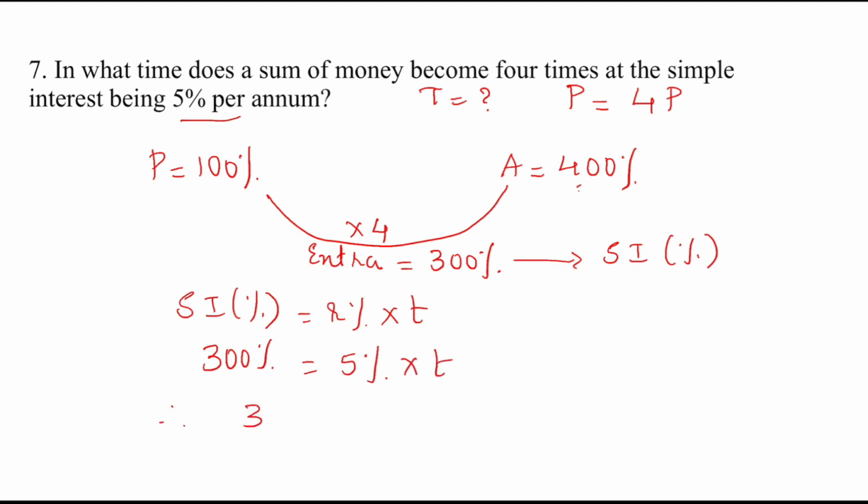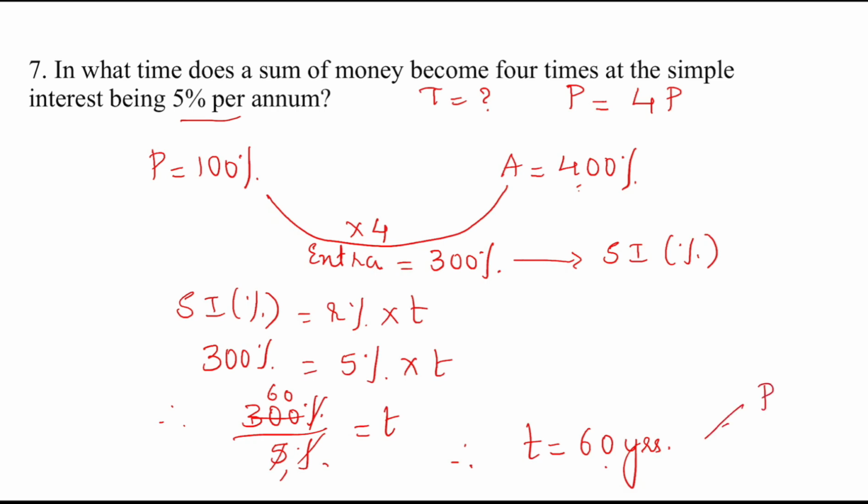Therefore 300% divided by 5% is equal to T. So percent cancels, 5 ones are 5, 5 sixes are 30, so 60. Therefore time we got as 60 years. So for 60 years the principal will become 4 times. So T is equal to 60 years.